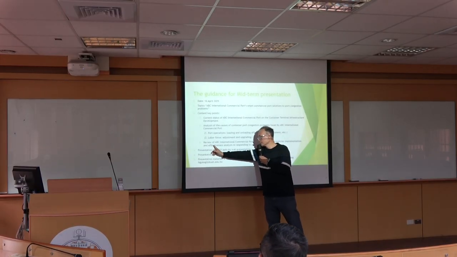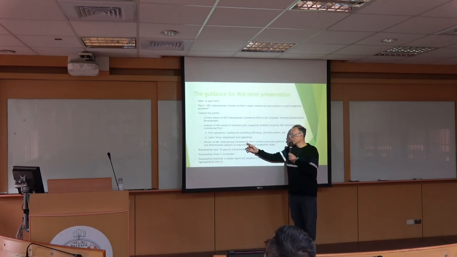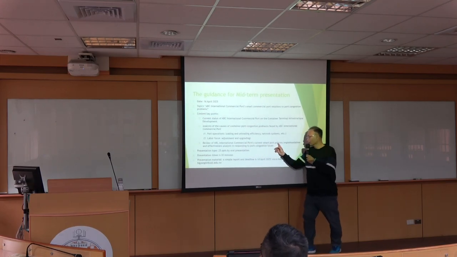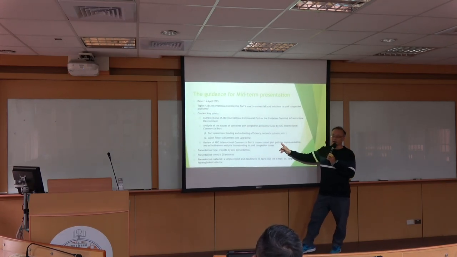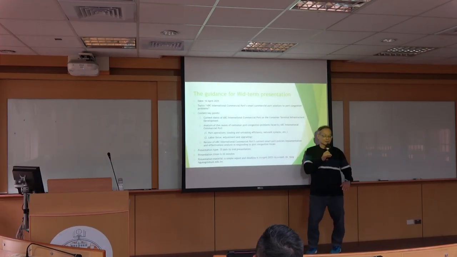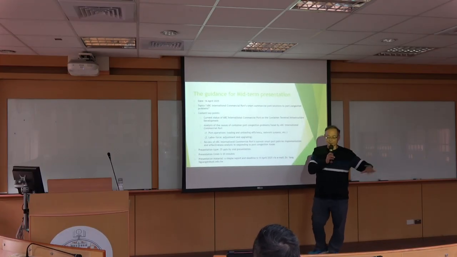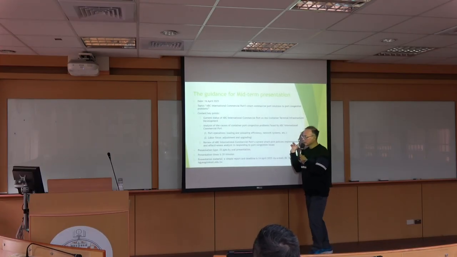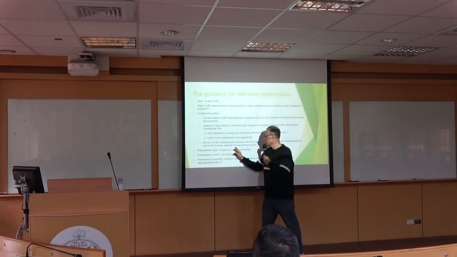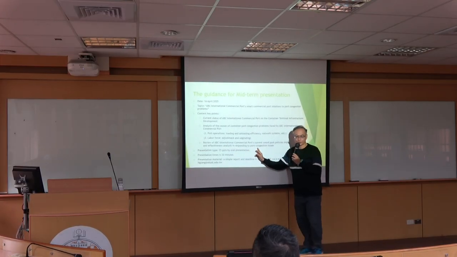Number 3, review of ABC International Commercial Port's current smart port policy. That means many companies or ports will find solutions to deal with the port congestion issue, for example building a superhighway for container trucks, and effectively analyzing the implementation in response to the port congestion issue.